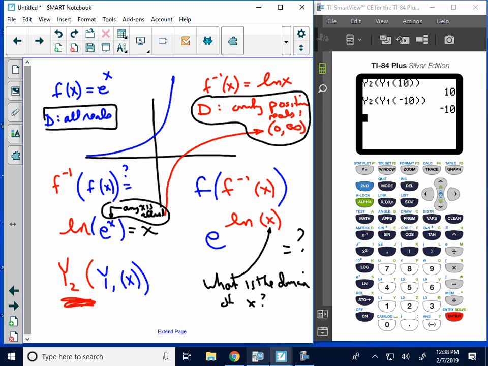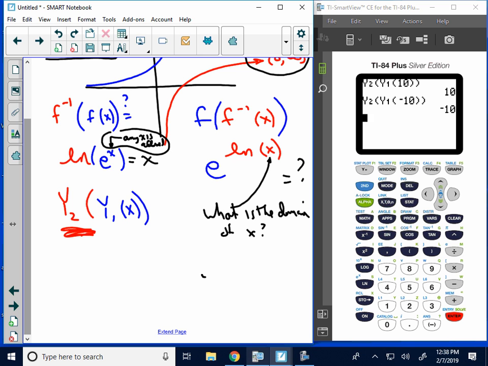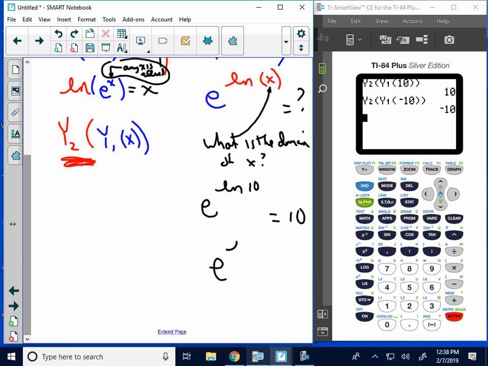So if I said, what is e to the natural log of 10, that should work out to be 10. But if I said, what is e to the natural log of -7, this is bogus. This is not going to work. Maybe we can try that on our calculator again, just to verify.